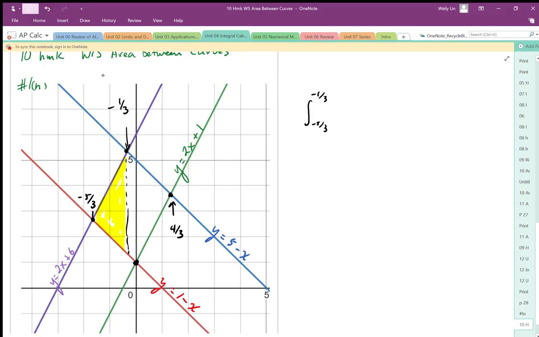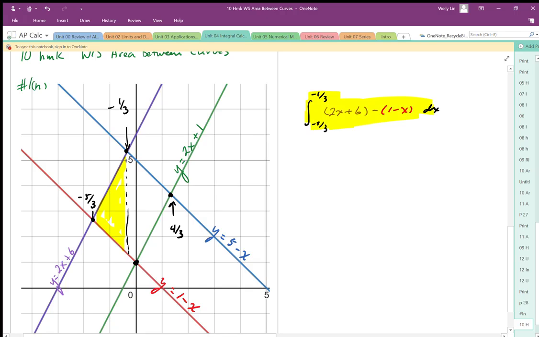So we end up with something that looks like this, 2x plus 6 minus the red line, which is x minus 1, so minus x plus 1, and then we multiply that by dx, and that's going to give us the area, that yellow area in there.